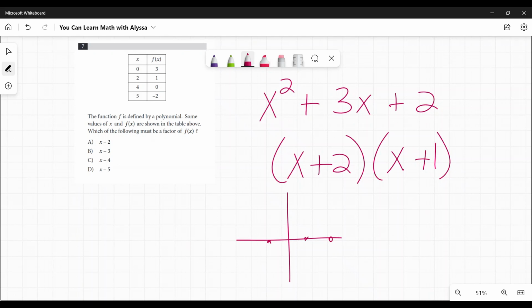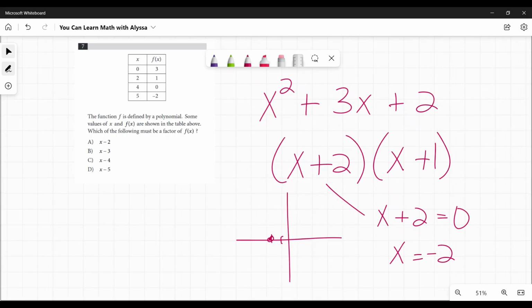That's what those are called, where they cross the x-axis. You're going to factor it, and you're going to say, where do these individually equal 0? So if x plus 2 were to equal 0, x would be -2. So it's going to cross at -2.